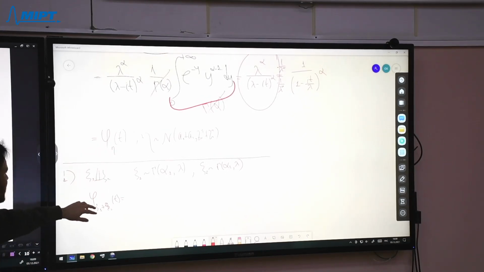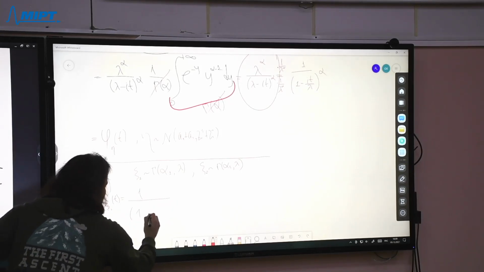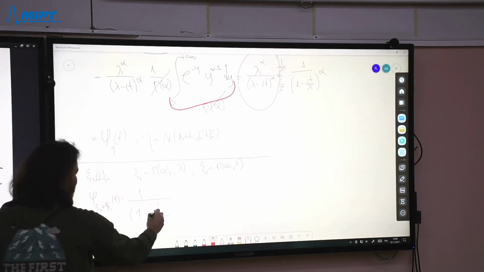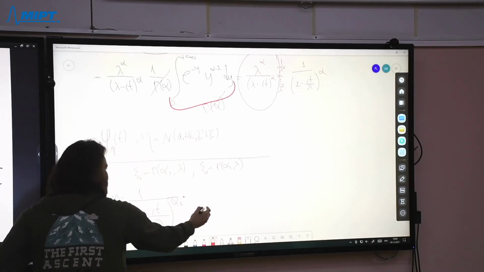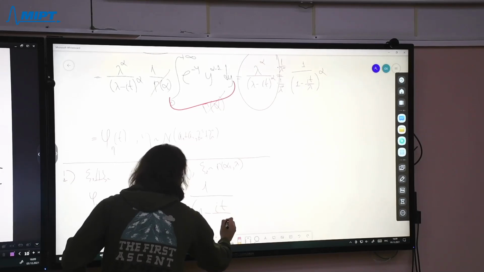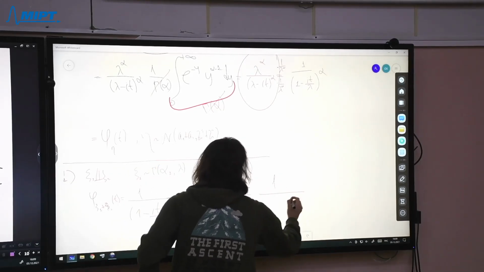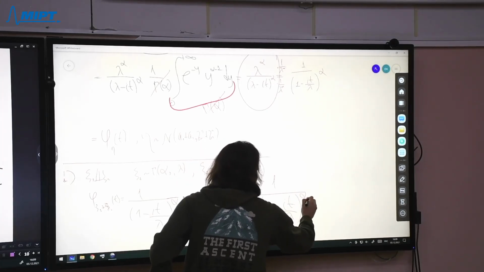And we obtain that this is 1 over 1 minus it over lambda to the alpha 1, times 1 over 1 minus it over lambda to the alpha 2. We get that this is 1 over 1 minus it over lambda to the alpha 1 plus alpha 2.